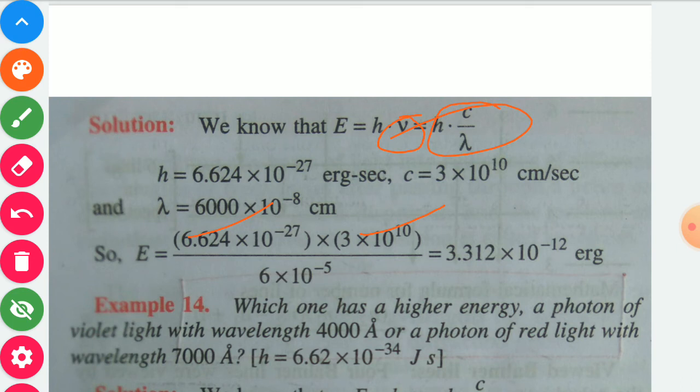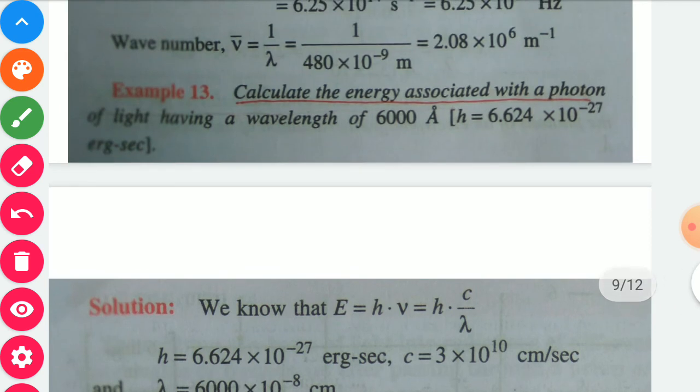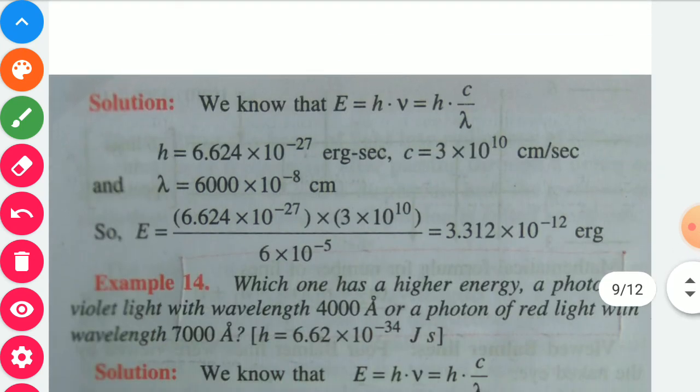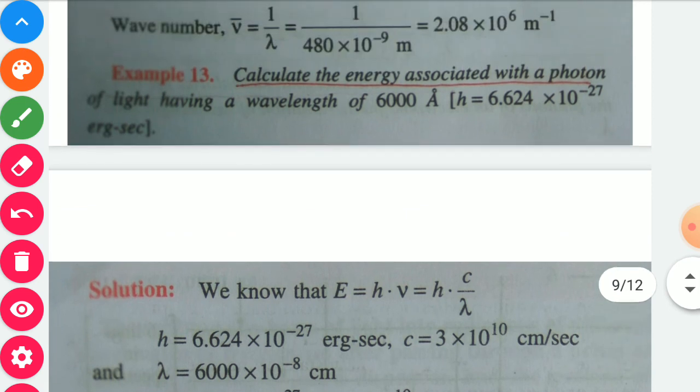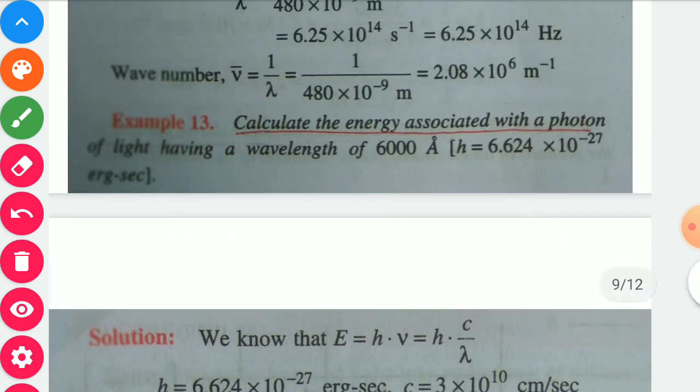Now lambda value is given in the question as 6000 angstrom unit. So you may write 6000 into 10 power minus 10 meter, or we may write 6 into 10 to the power minus 7 meter. But here erg second is given, so at the place of meter we have to convert into centimeter.